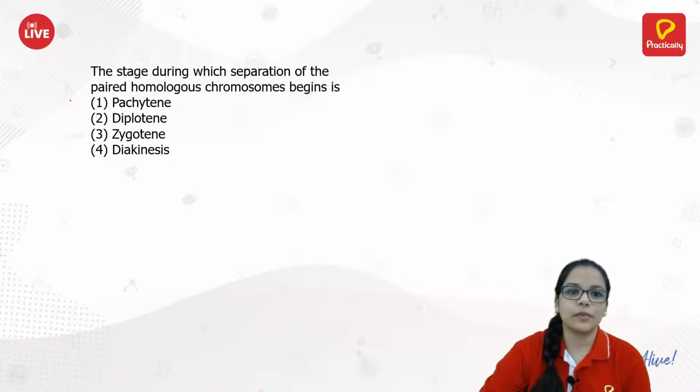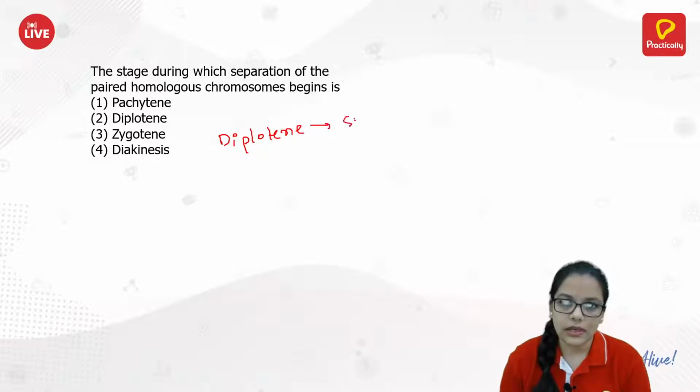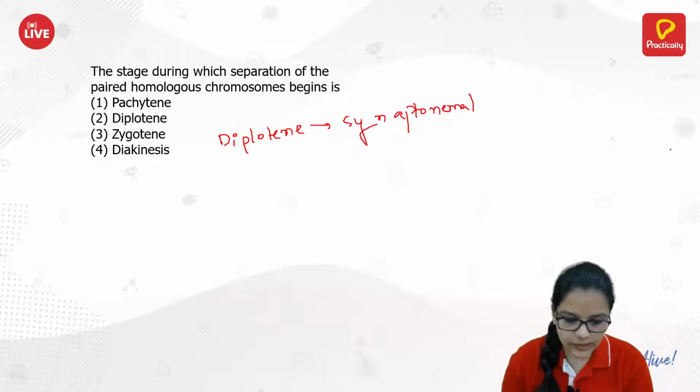The stage during which separation of paired homologous chromosomes begins, okay, let's see, diplotene. So what happens is the synaptonemal complex disintegrates.